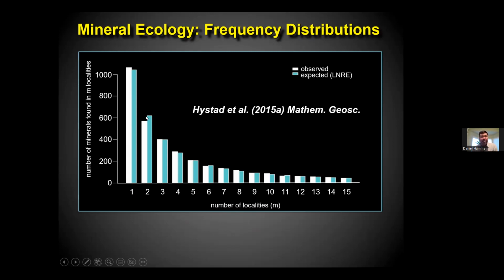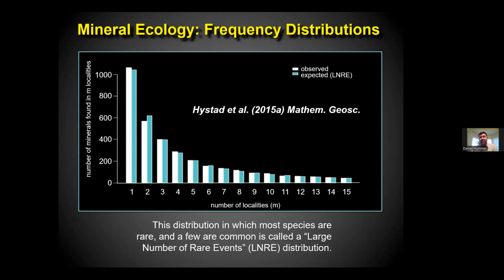There are about 600 different mineral species that occur at only 2 locations on Earth, and so on and so forth. So again, you see this pattern where a lot of minerals are rare. They're occurring at only one location. And then the distribution trails off, and there's only a few minerals that are found at many locations. This type of distribution, by the way, is referred to as the large number of rare events distribution. That's something that's well known by statisticians, and that's the way you can describe these frequency distributions.